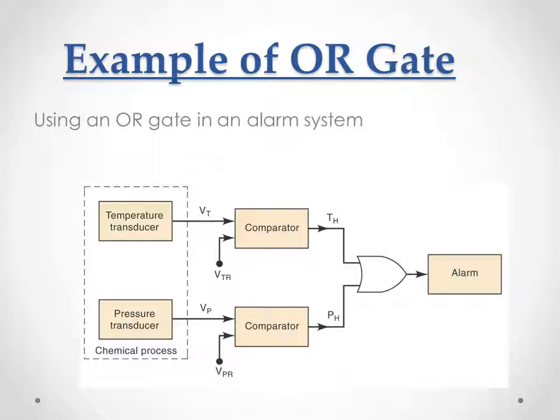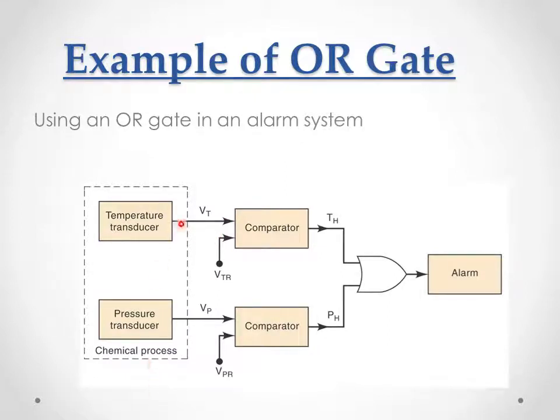This is an example for OR gate in an alarm system. Here the temperature sensor and pressure transducer are connected to comparators, and the comparators' outputs are connected to an OR gate. The OR gate output is connected to an alarm circuit.